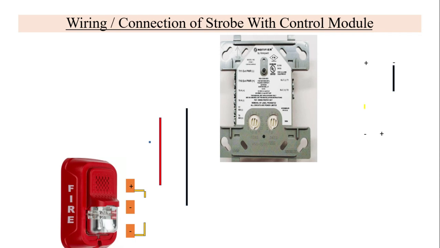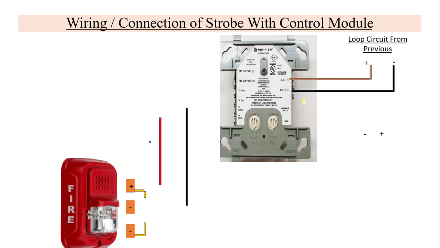So let's do the wiring for it. Here, plus: the loop circuit is the circuit from the previous device, which could be a control module, a smoke detector or an MCP. It is coming and connected over here.